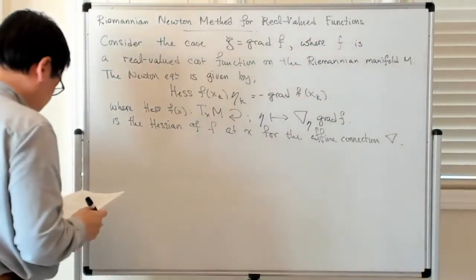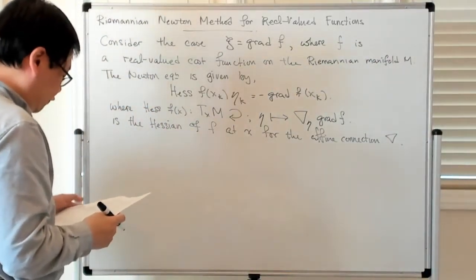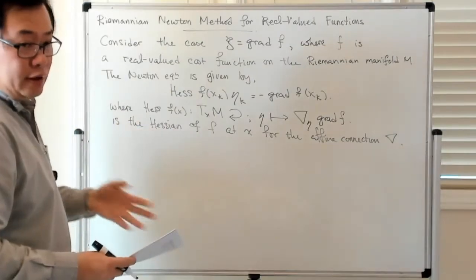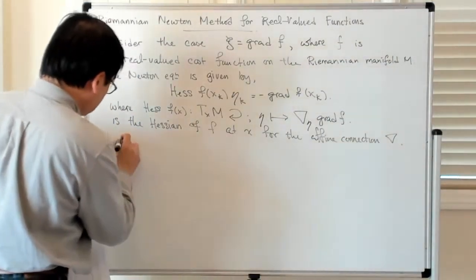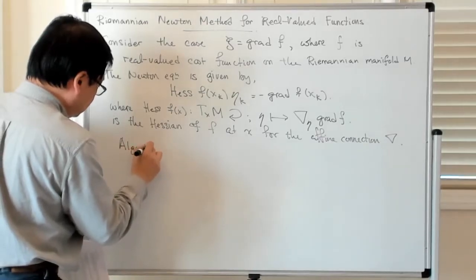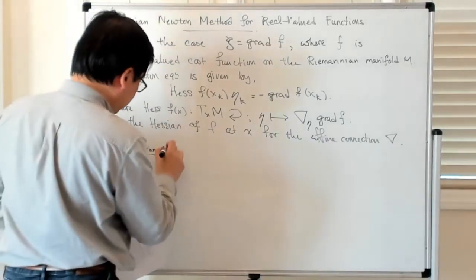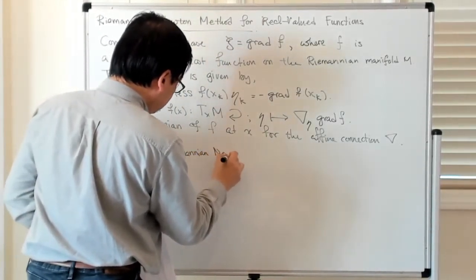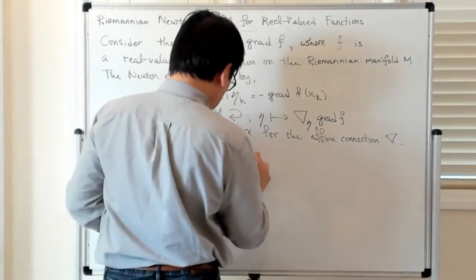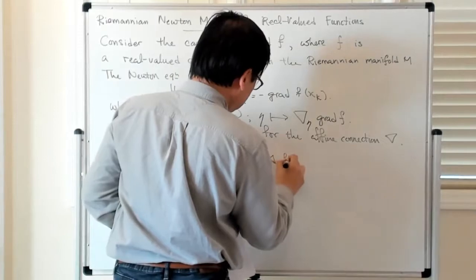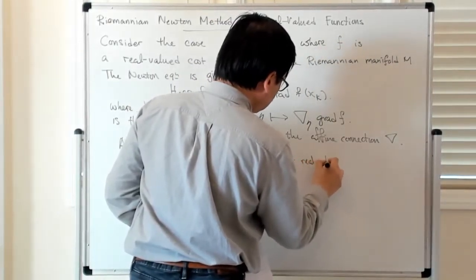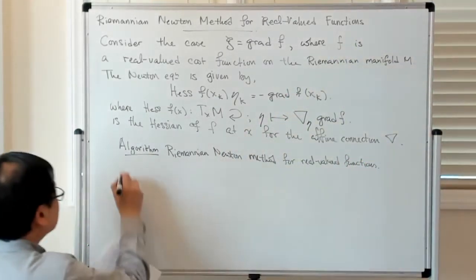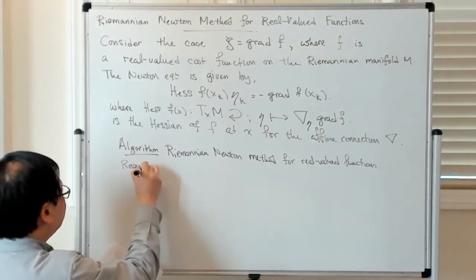Okay, so I'll write this down as an algorithm, but you can think of it again as a particular case of the previous algorithm we had discussed for the geometric Newton method for vector fields. So this is the Riemannian-Newton method for real-valued functions. Okay, and you provide the algorithm of the following.